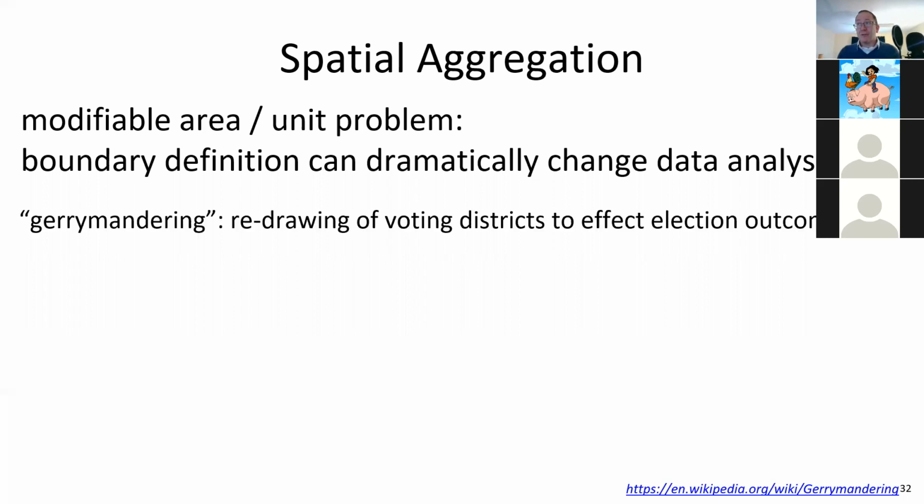Gerrymandering is redrawing voting districts to affect the outcome of an election. This is actually a known US problem, because the people in the local government for the state choose where their electoral boundaries are. They choose where they draw the lines for the Congress.